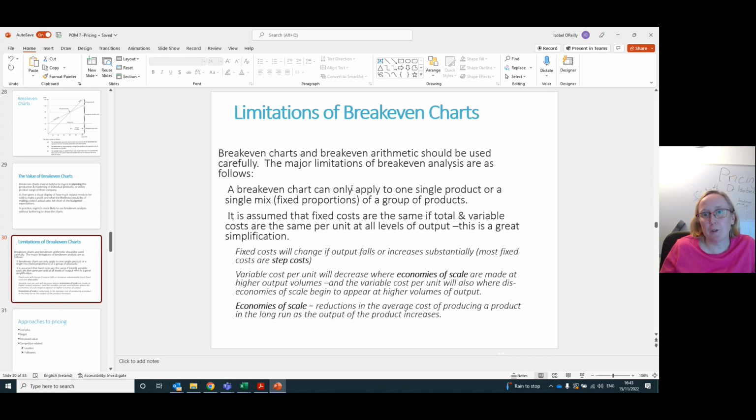Variable cost per unit will decrease where economies of scale are made at higher outputs, higher volumes, and the variable cost per unit will also change where diseconomies of scale begin to appear at higher volumes of output.